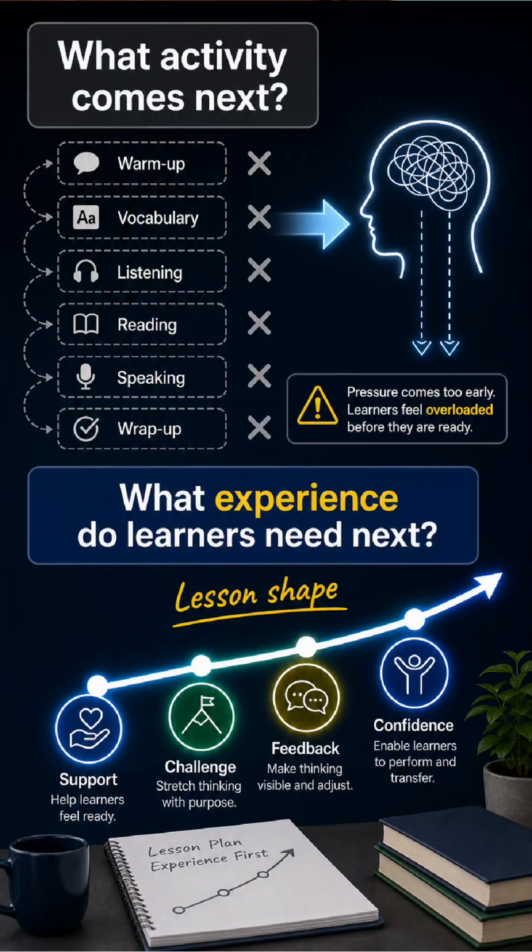You stop asking what activity comes next, and you start asking what experience do learners need next. Maybe they need confidence, maybe challenge, maybe silence, maybe a model. Maybe they need to struggle a little bit. Maybe they need to solve problems, etc. So that is where planning becomes teaching, before the lesson has even started.